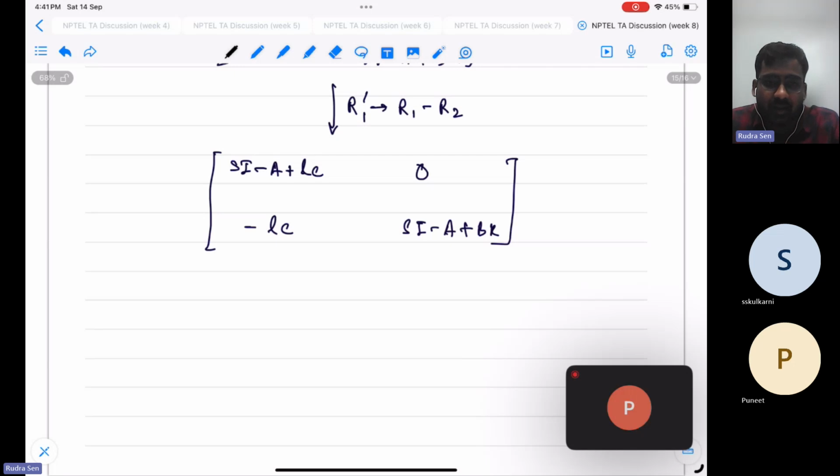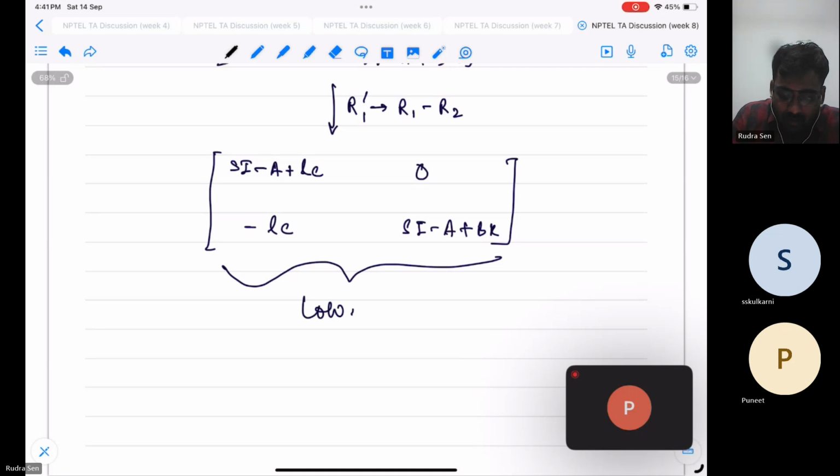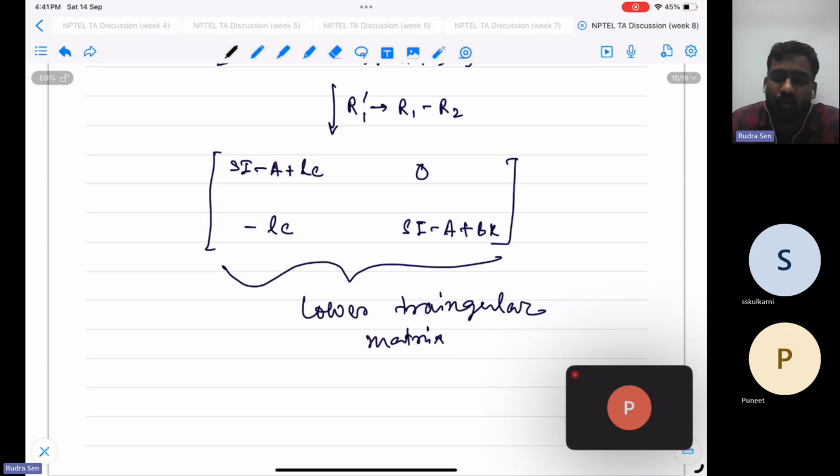So as you see, this is basically a lower triangular matrix. We know that in case of a lower triangular matrix, upper triangular matrix or diagonal matrix, the eigenvalues lie on the diagonal.